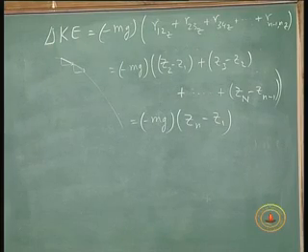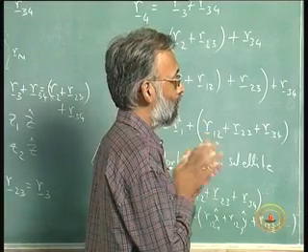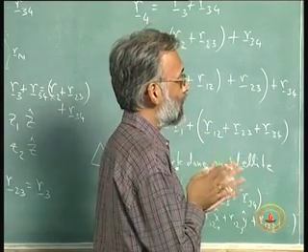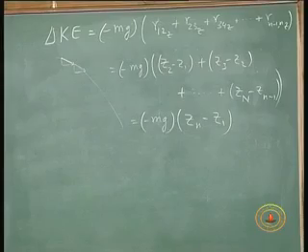So, it is not as if vector algebra gives you anything new. That is not the purpose. The purpose here is to show that something familiar that we already know is consistent with whatever vector algebra is saying.